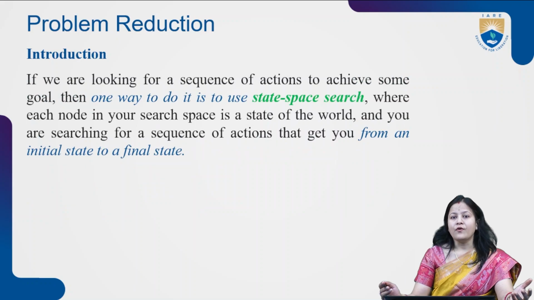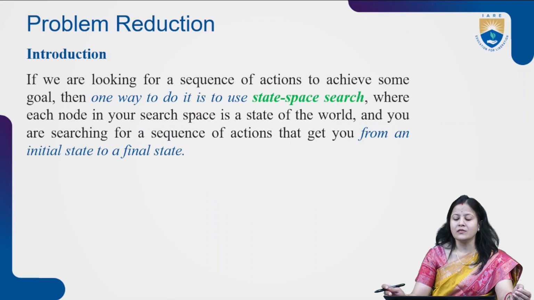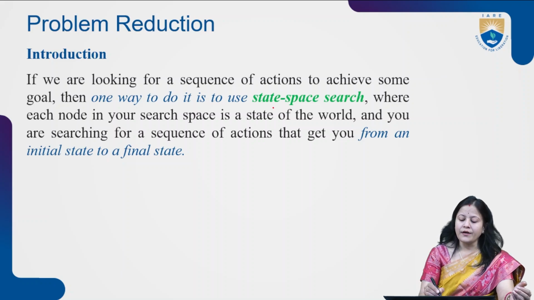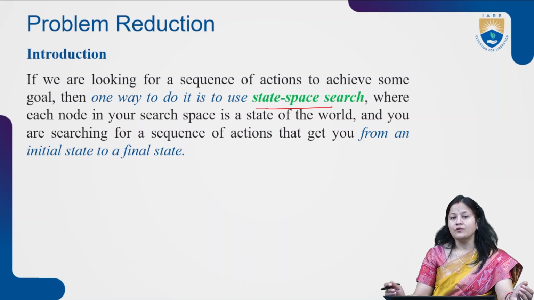Now, if you are looking for a sequence of actions to achieve some goal, then one way to do it is to use state space search. I have already discussed in my previous videos the meaning of state space search.